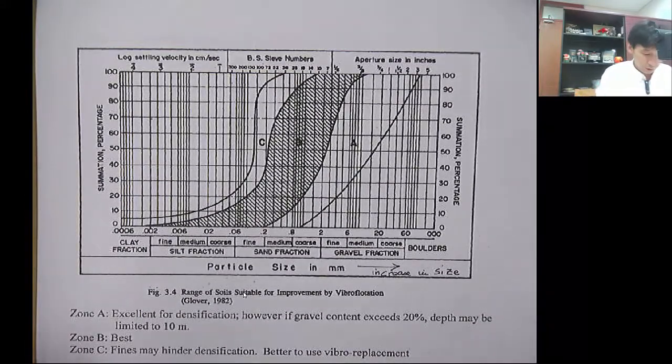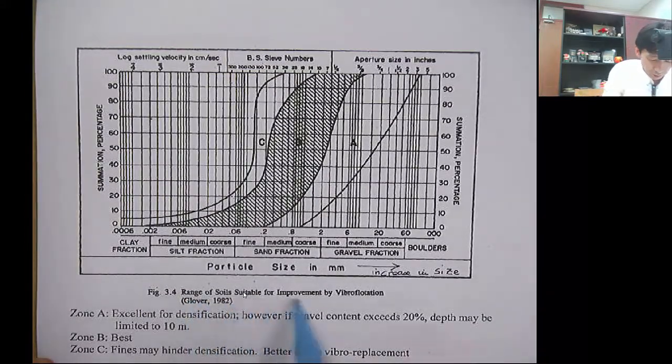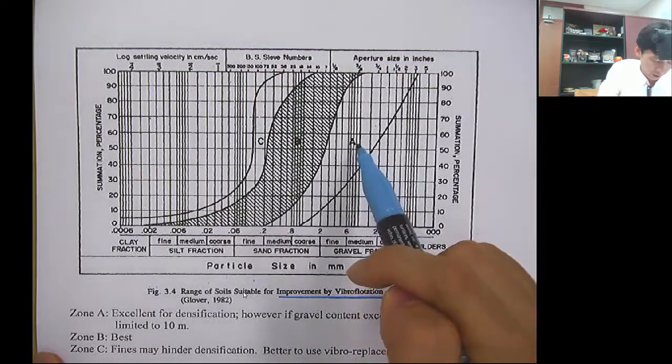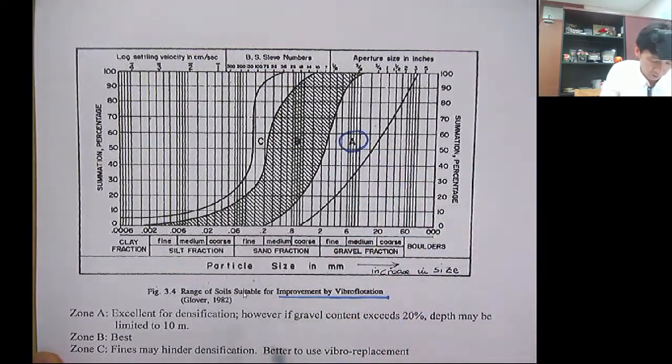This also shows the range of soil suitable for improvement by vibro flotation. As the particle size increases, you can see that zone A here is excellent for densification, however, if gravel content exceeds 20%, then depth may be limited to 10 meters.